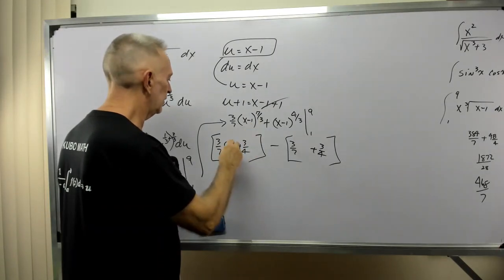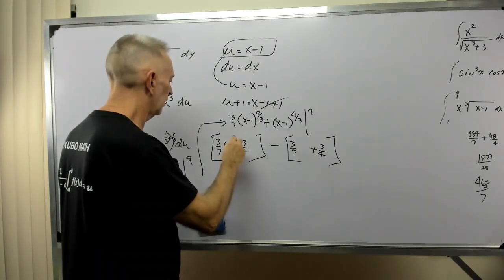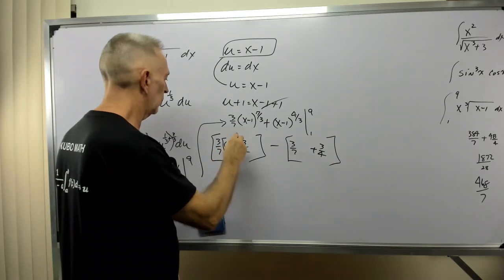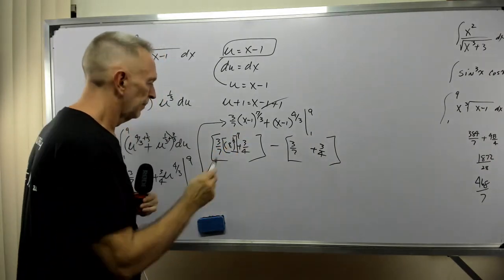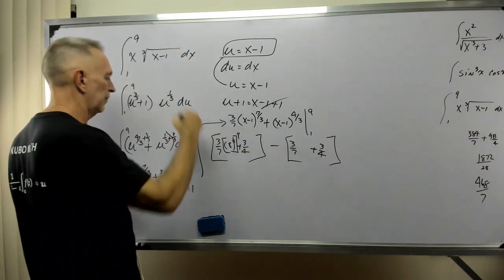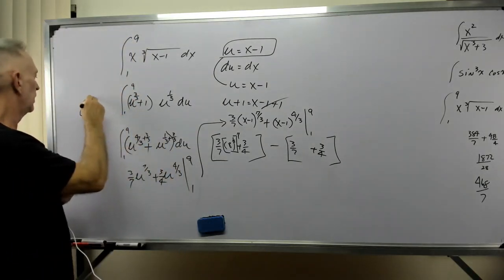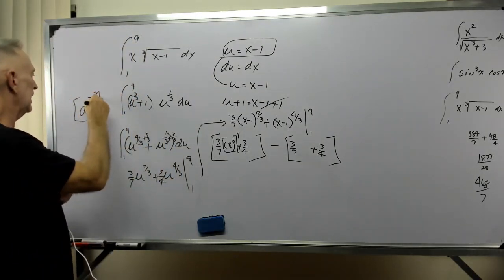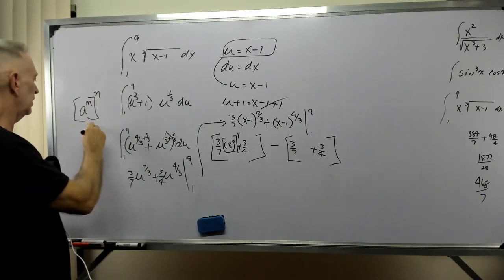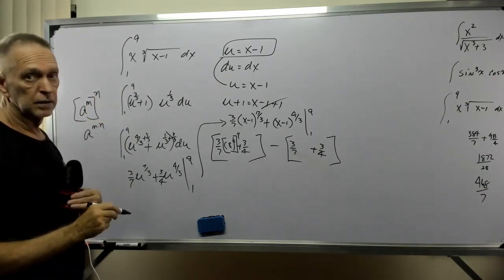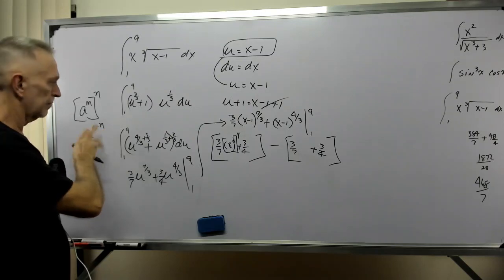I have 8 to the 1/3 power, and I'm going to raise that to the 7th. Recall the rule. I'm about to run out of space. A to the m raised to the n is a to the m times n. Okay?